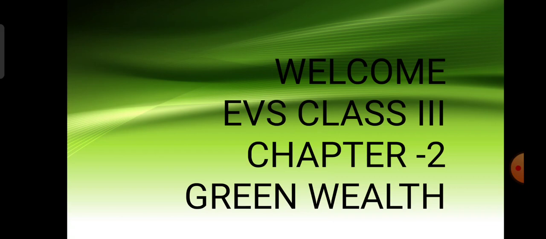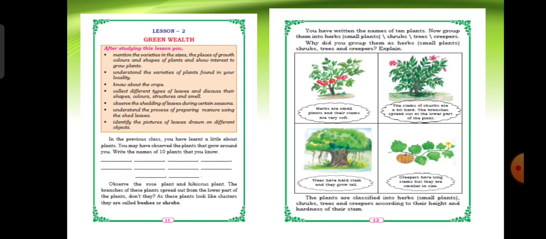When you are seeing a plant and a tree, you think what is the difference, how is it different, what is the name of that. So today we are going to learn about the classification of plants.